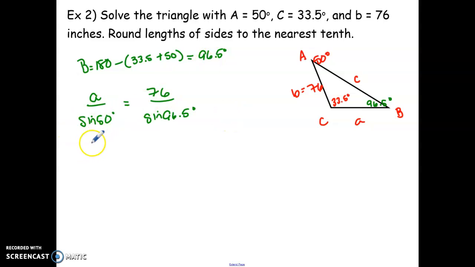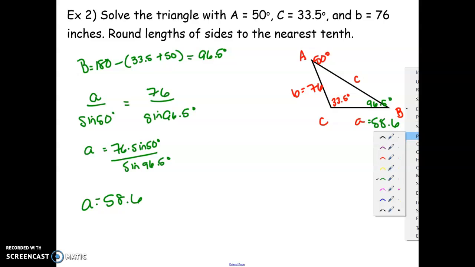So when I multiply that, I get A equals 76 times sine of 50 divided by sine of 96.5. And enter that in your calculator. That's where you get 58.6. Apologize for writing that in the wrong problem.